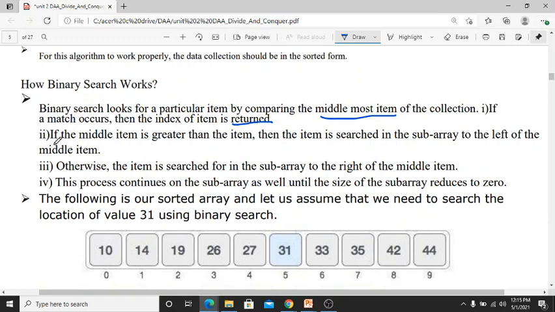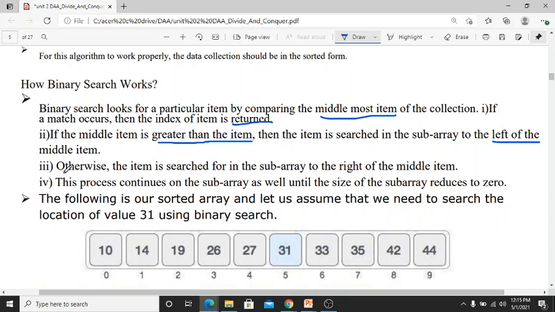Second point: if the middle element is greater than the item you are searching for, then the item is searched in the subarray to the left of the middle element.